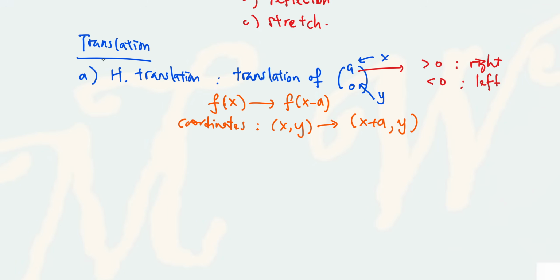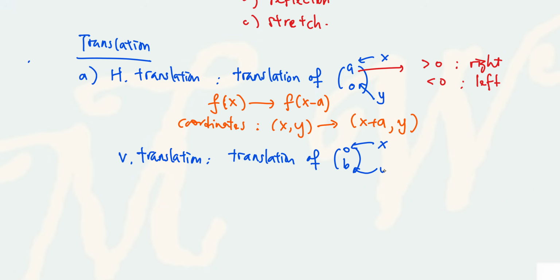So that will be the effect on the points. Now, what happened to the vertical translation? For vertical translation, it will be in this form: translation of 0b. Again, the x equals 0 means no change in the x, and it is a change in the y. If your b is positive, that means you are moving up the graph.